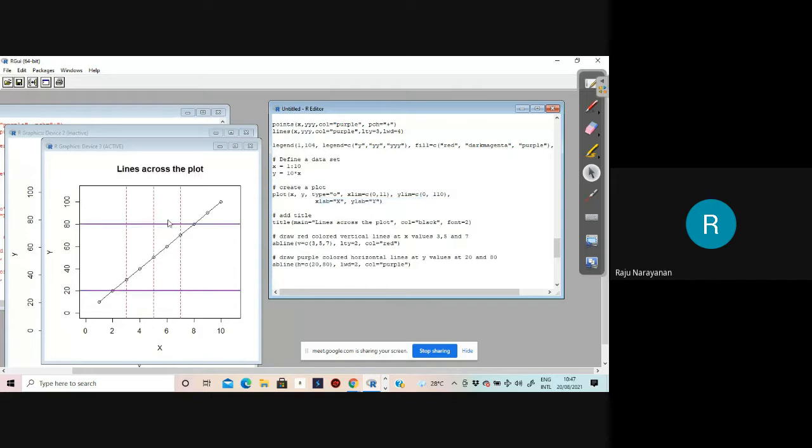Yeah, you can put this one. Draw a red colored line, vertical lines, you have to specify, that is all, from where you have to draw. Line type 2, etc. AB line, H 20 and 80, 20 means what? Height 20, height 80, it will draw a line.